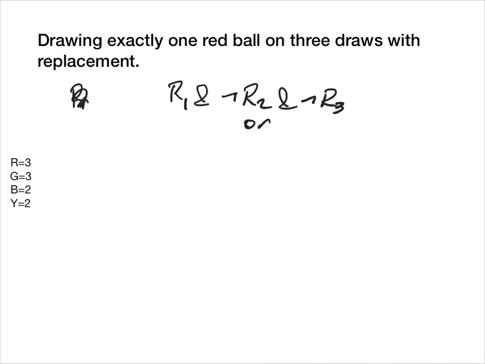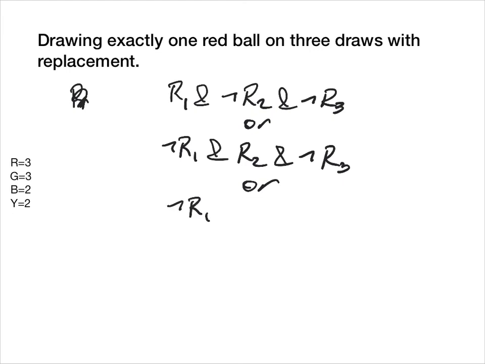We can get the non-red one on the first one and the red one on the second one. But if we do that, that means we have to get a non-red on the third one. And, of course, that's only one of the ways. We can get a non-red on the first one and non-red on the second one and red on the third.